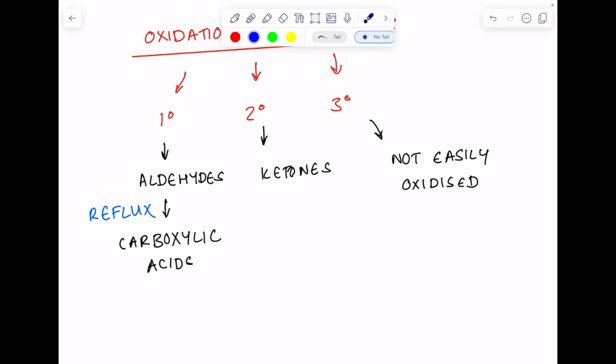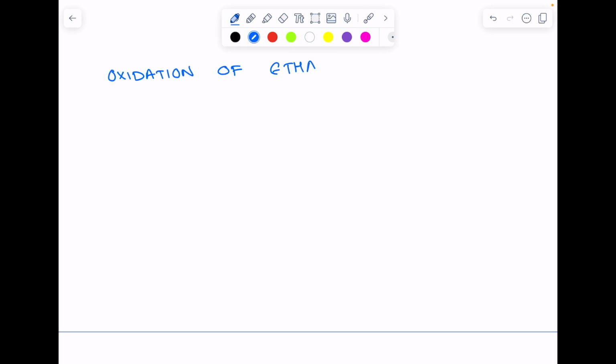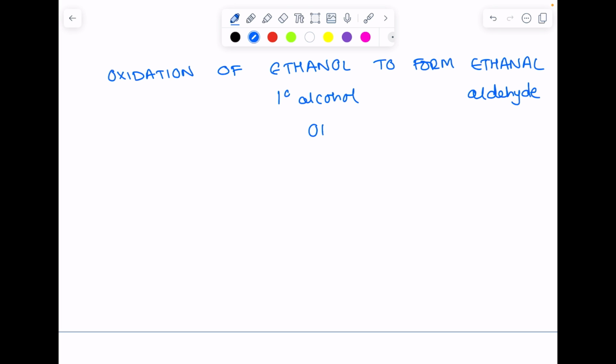So the oxidation of ethanol, which is a primary alcohol, to form the aldehyde ethanal. So there's our primary alcohol, ethanol, and our aldehyde, ethanal. Be aware of those functional groups for me. So what's our method to do this?